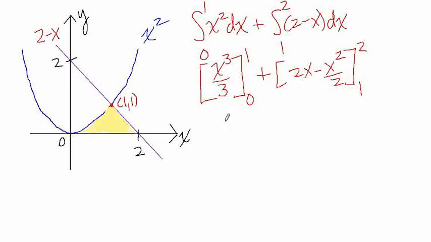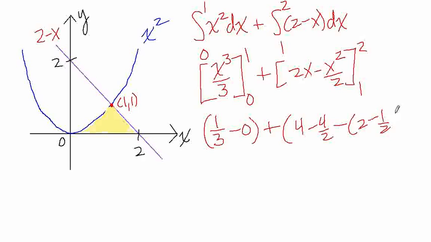The first difference that we need to evaluate is 1/3 minus 0. The other difference is 4 minus 4 over 2, minus 2 minus 1/2. You can get that by plugging in the 2 and the 1 and evaluating the expression.